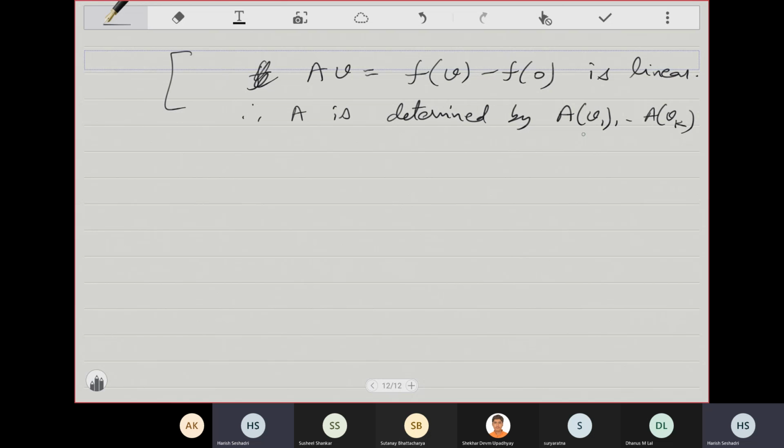So A is determined by these things. And this is by definition f of v_1 minus f of 0, etc., f of v_k minus f of 0.